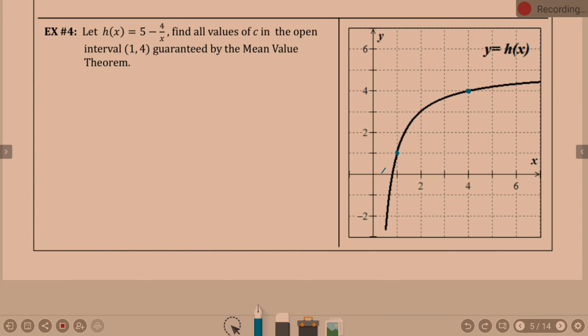So a parallel line to that, which should be at 2, right?